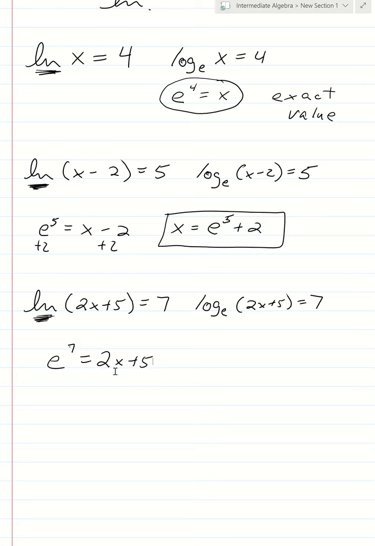Now we want to solve for x, get x by itself. I would have to start by subtracting 5 from both sides. That would give us e to the 7th minus 5 is going to equal 2x. And so now we would divide both sides by 2, in which case x is now equal to e to the 7th minus 5, divided by 2.